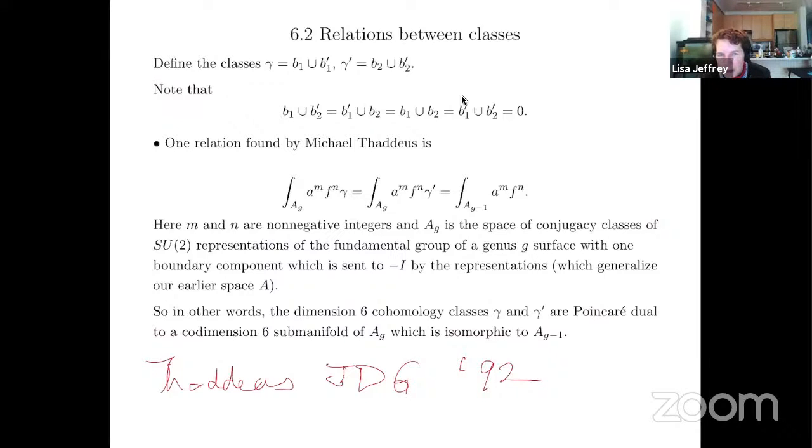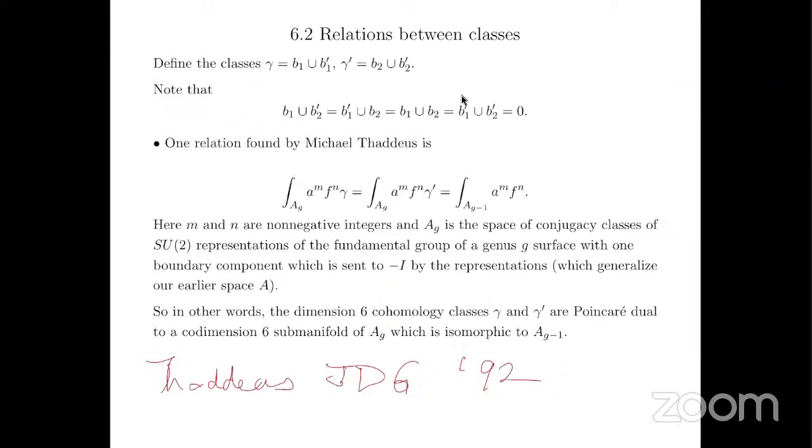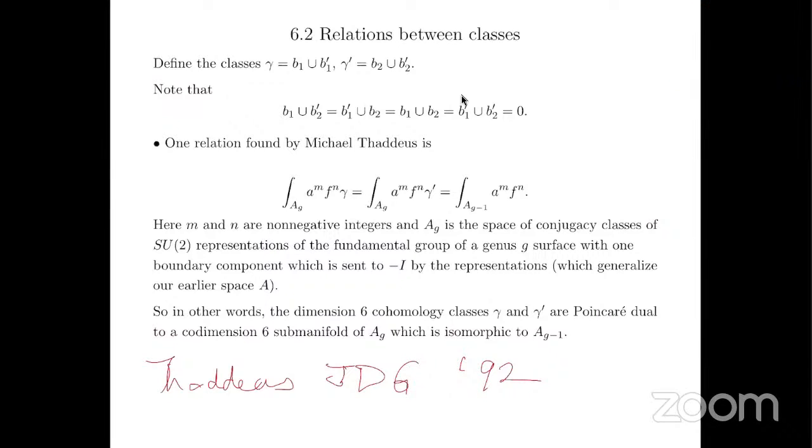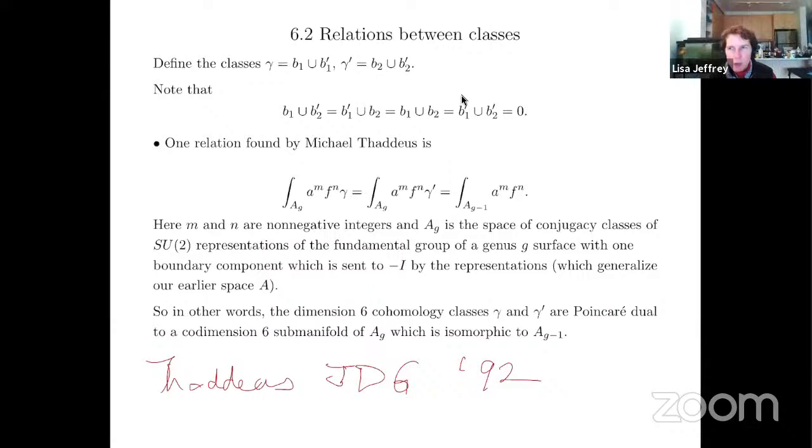Thank you. Can I also ask a question, please? Which of these classes and relations come from the classifying space? Maps from sigma to BSO3? So the question is which classes come from the classifying space.